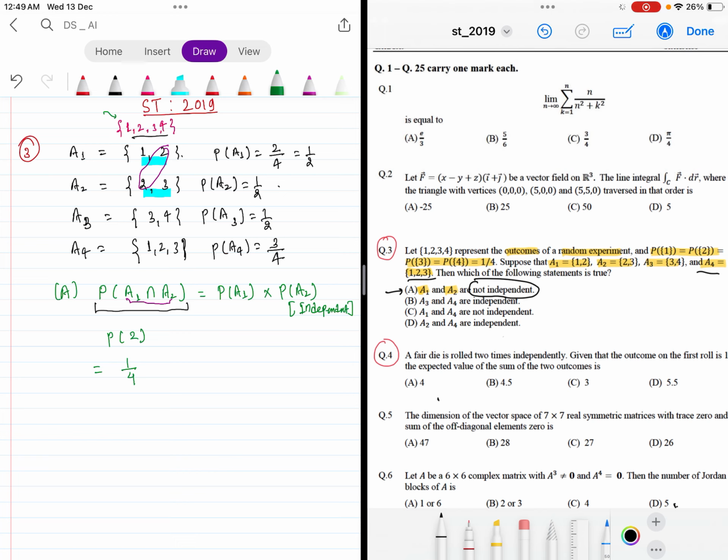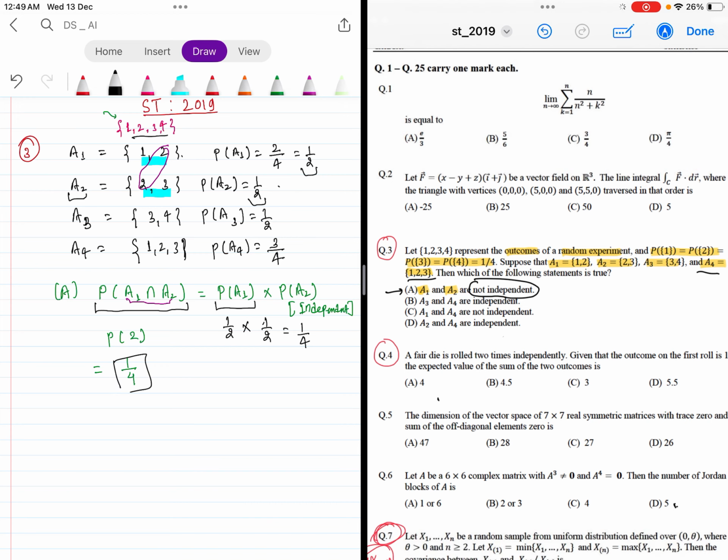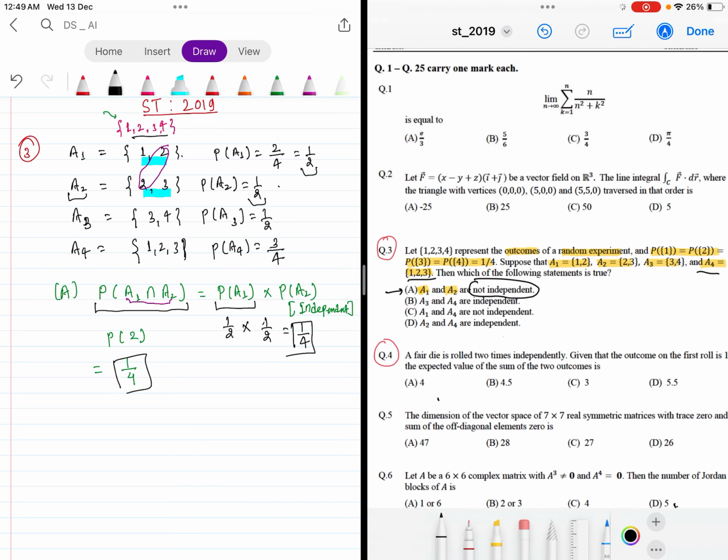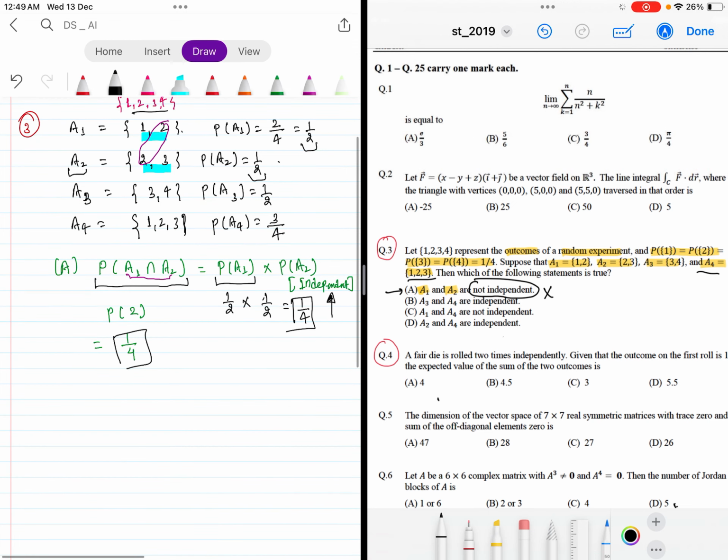And on the right hand side, the probability of event a1 is 1 by 2, and the probability of event a2 is 1 by 2. So 1 by 2 into 1 by 2 is 1 by 4. So the left hand side and right hand side are equal, so we can say that a1 and a2 are independent. So this option is incorrect because it is given that they are not independent.